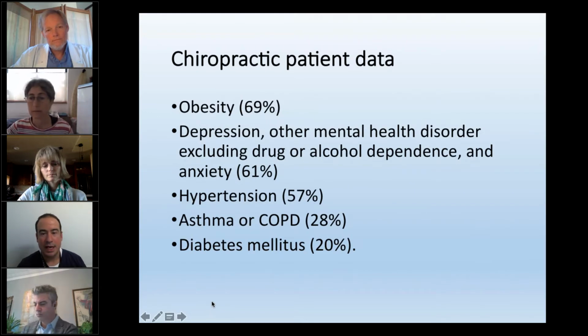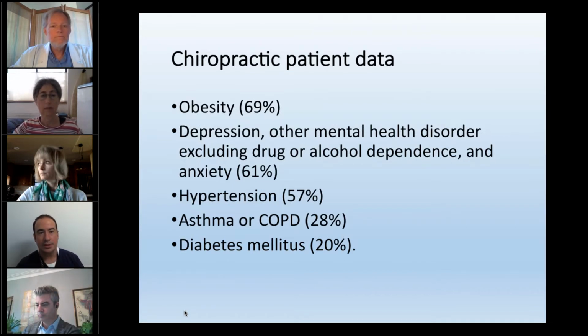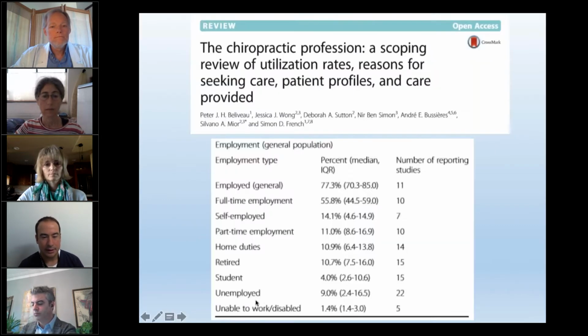A number of our patients have comorbidities. The top ones are listed here: obesity, behavioral disorder, hypertension, asthma, COPD, and diabetes. So again, and actually if we go to the next slide as well, that'll, I think, solidify the point. These are patients who might be more complex and medically complex than the average chiropractor is seeing, and a different patient population, which I think is good for future growth within the profession.